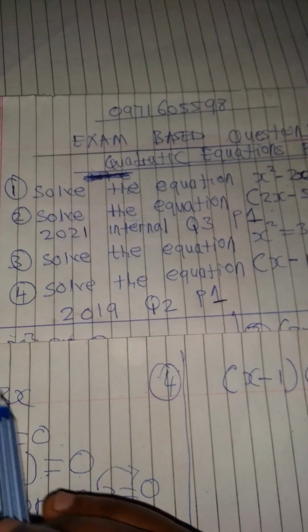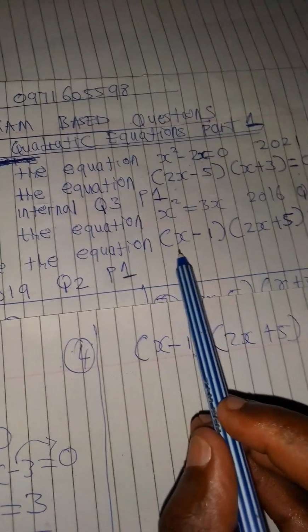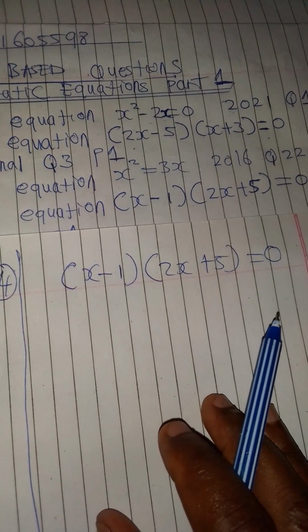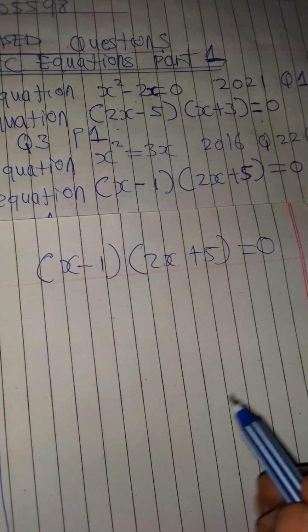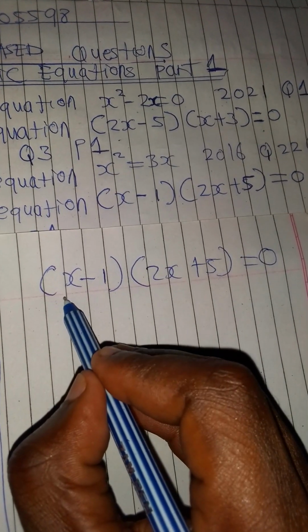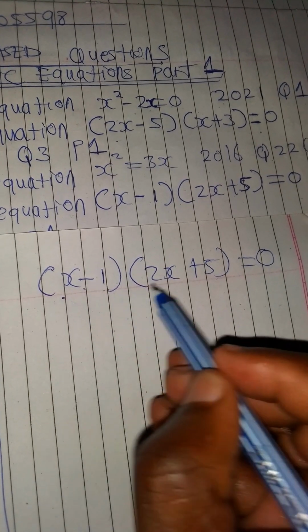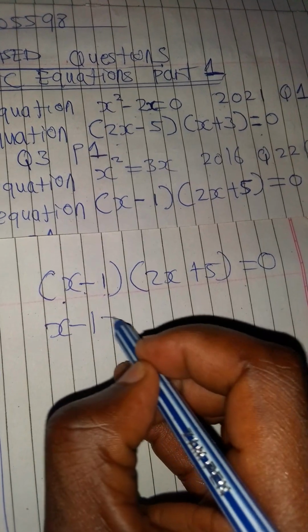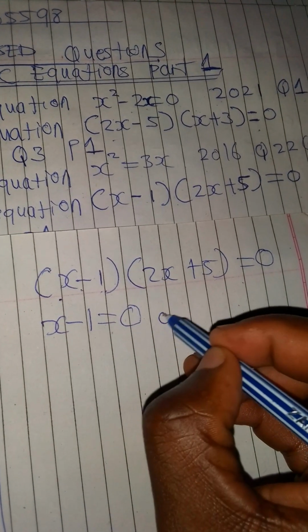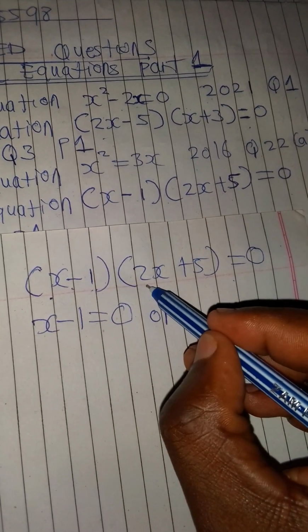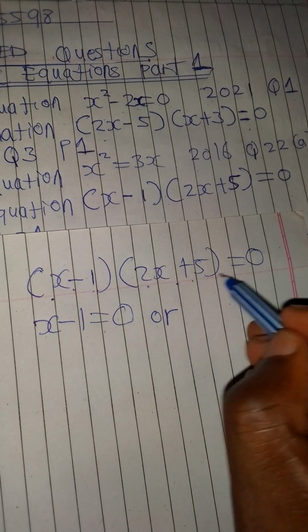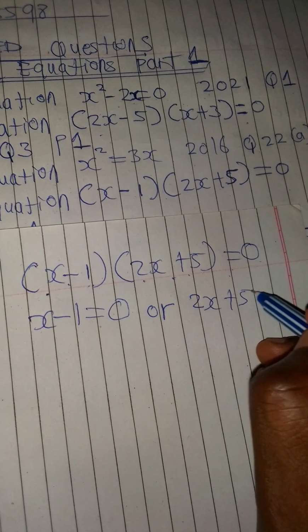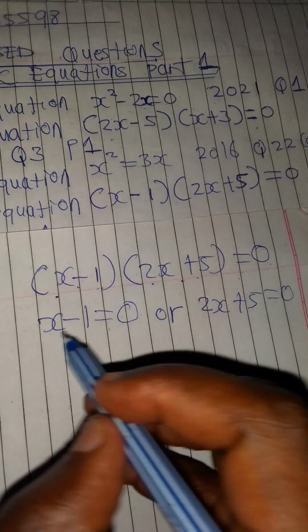I've just copied the question. Now we have to find the value of x. So this x minus 1 is equated to 0, or this 2x plus 5 we equate to 0.